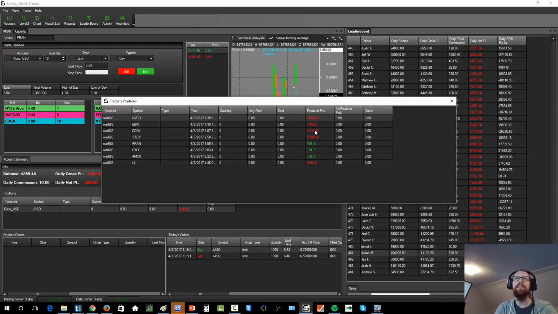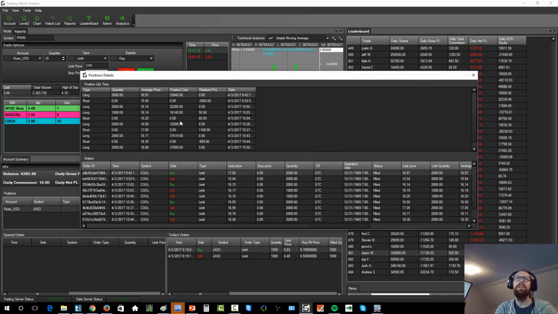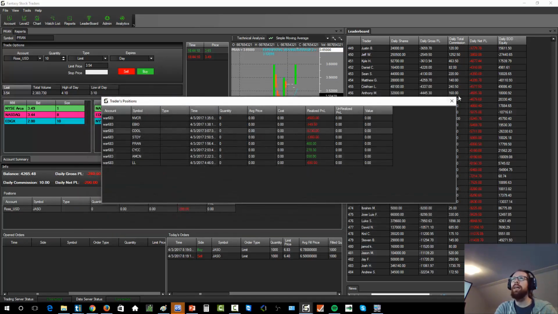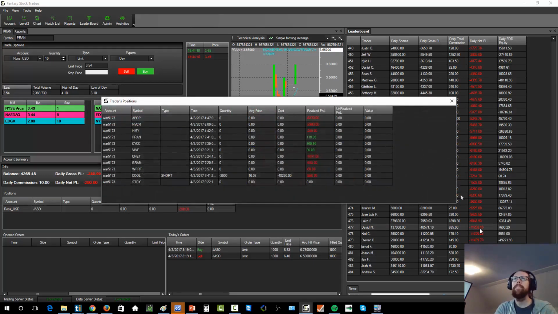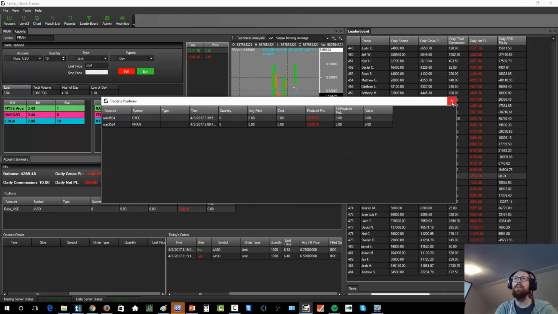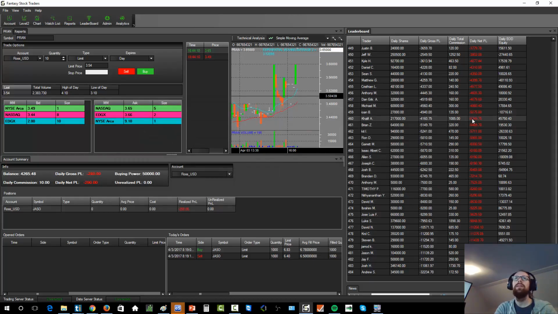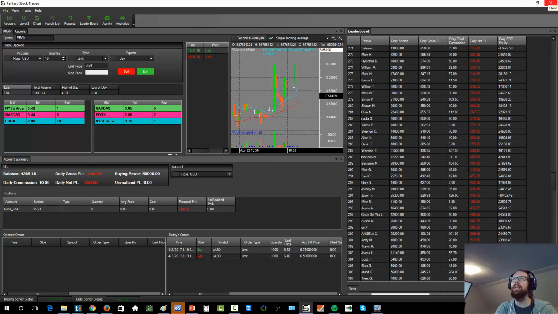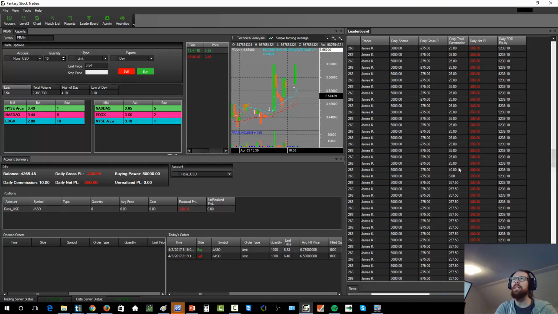A couple big losses here, NVCR, both pretty high risk trades. Also a lot of trades, so overtrading, I would say. I'm someone who traded 3 times today. I was pretty much 3 trades in and out, and that was it. So something I'm definitely noticing is some overtrading from some of the guys who are red on the day.